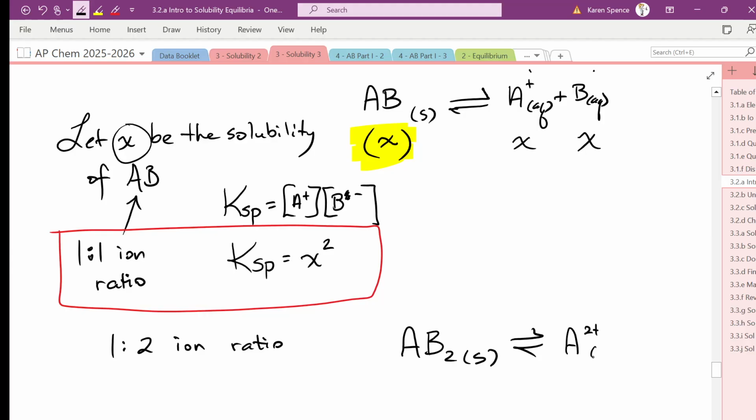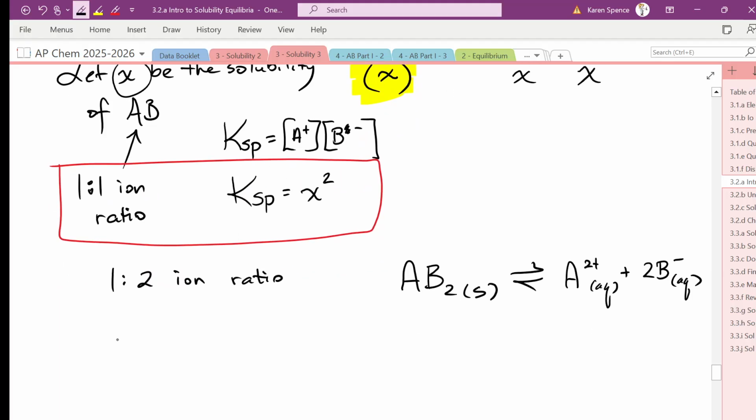A 2 plus and 2 B minus. And we could say, sometimes instead of X, we will use S for solubility, to be the molar solubility.